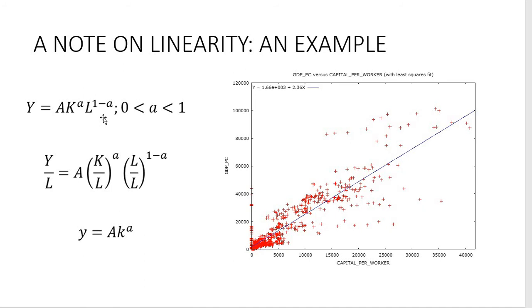Since this is a function with constant returns to scale, we can do this trick: divide both sides by the stock of labor. In this model, we assume that the stock of labor is constant, and this is what we get as a result, where Y stands for per capita income, our dependent variable, and small k stands for per capita stock of capital, our independent variable.